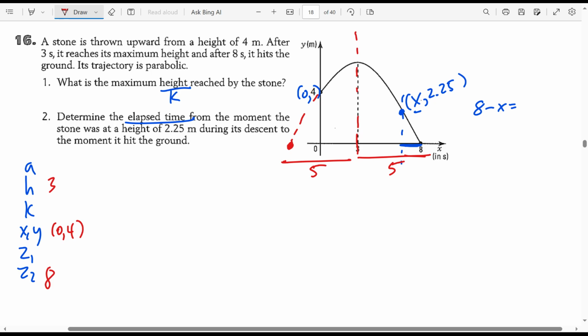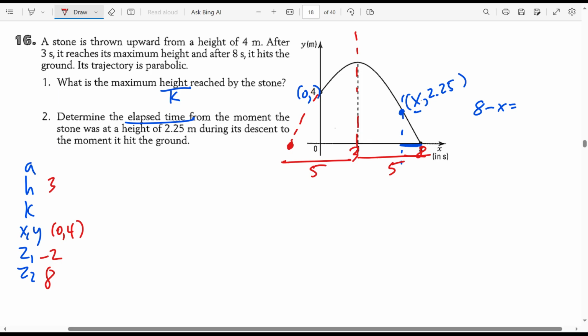Because I know that if the distance between the axis of symmetry and the zero is 5, since this is a 3 and this is an 8, then the distance from the axis of symmetry to the other zero would have to be the same. So I've got a -2 as my Z1.